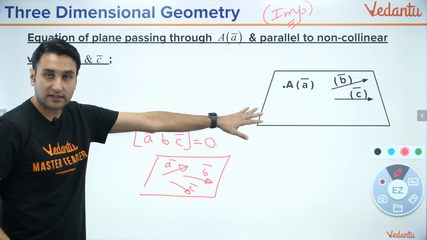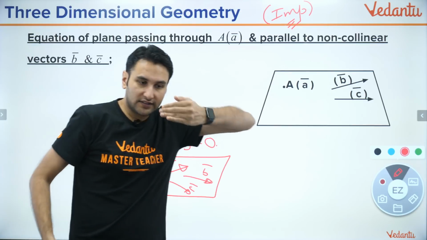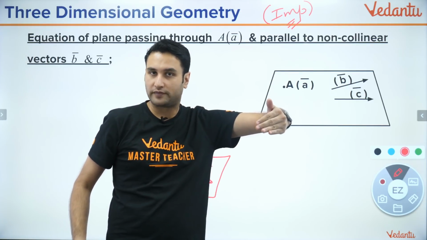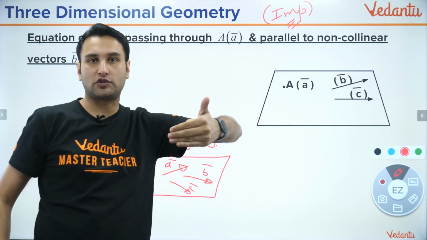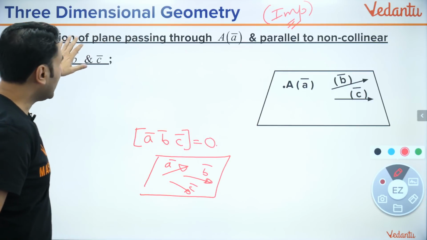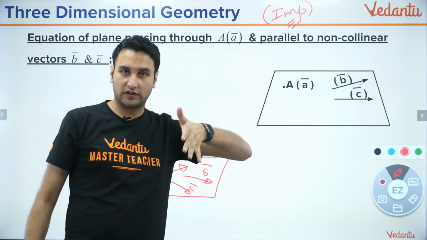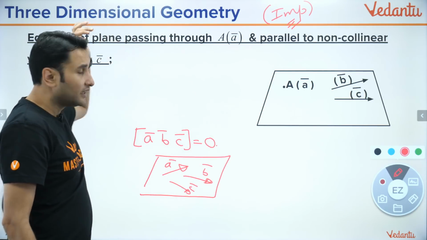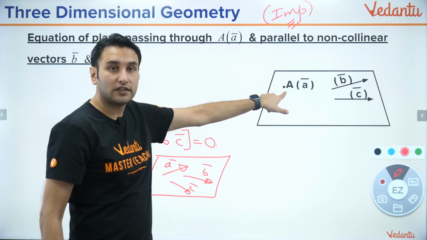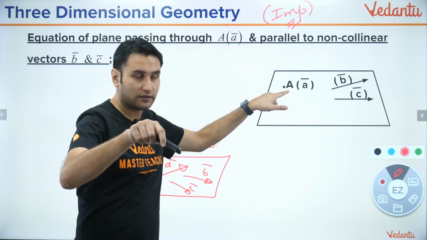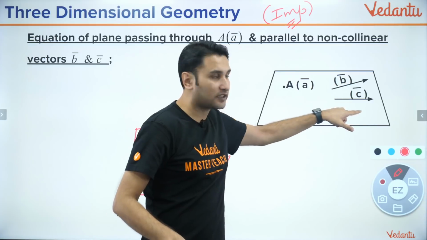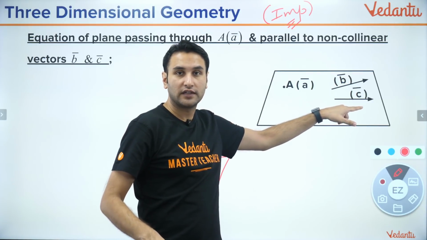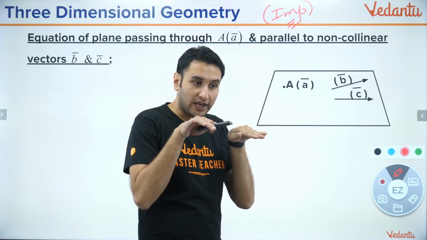Now we will use this concept in the series of concepts that I am going to do. Okay? And we'll do the problems based on that. So what is the concept? Now see what information is given. What information is given? Let us try to deduce from it. Given that a point lies on the plane and 2 vectors are given which lie on the plane.